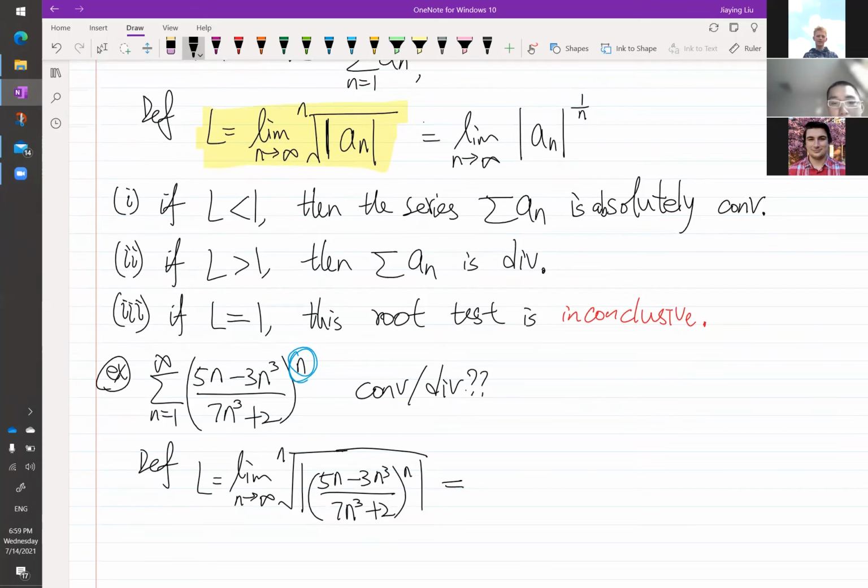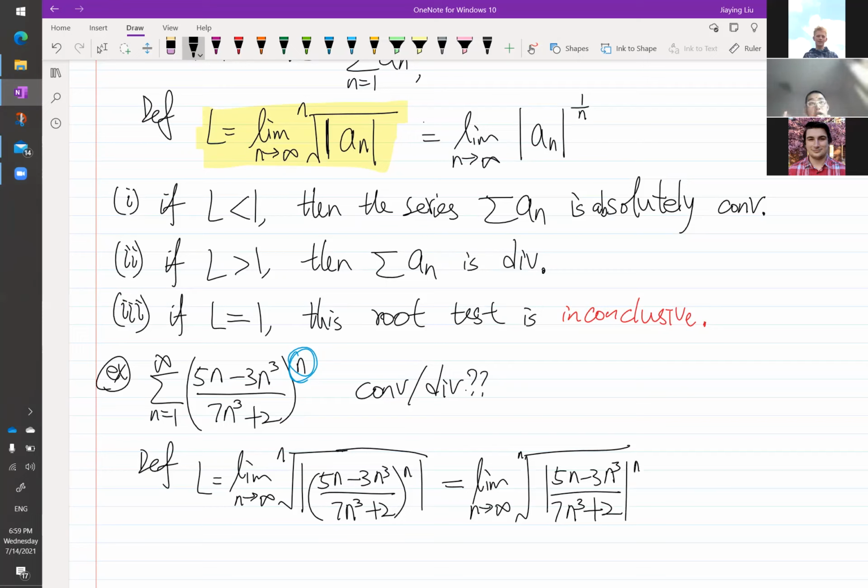The next step I'm going to do is, because I have nth power, n is a positive number, so the absolute value of something to the nth power, I can bring the absolute value inside the power n. So I'm going to rewrite it as the limit as n goes to infinity of the nth root of the absolute value of (5n minus 3n cubed divided by 7n cubed plus 2) to the n.